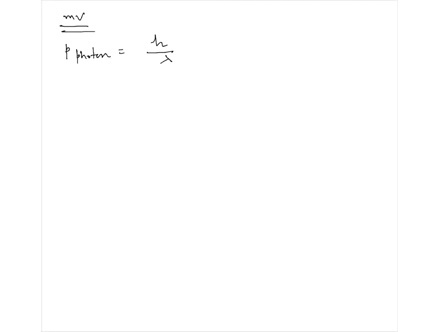So if lambda is less, p is more. Who has the lower wavelength, blue color or red color? Red has the higher wavelength, so blue color has the lower wavelength. That means blue color will have higher momentum.